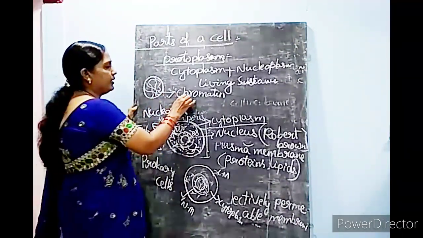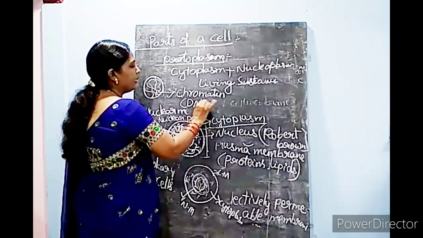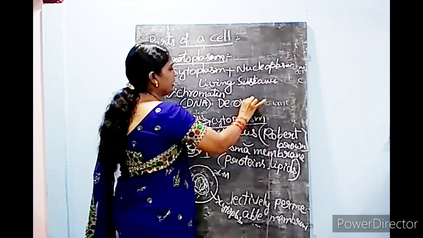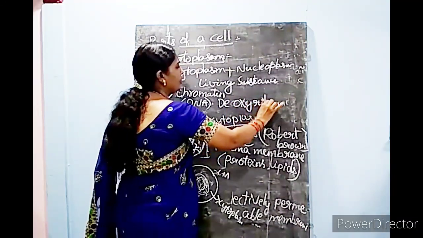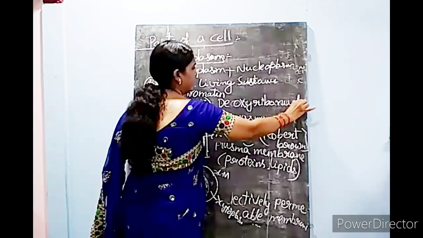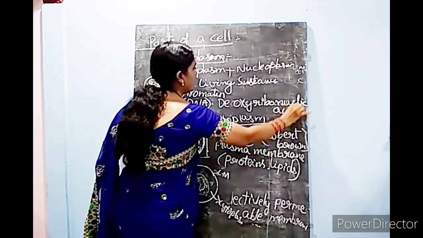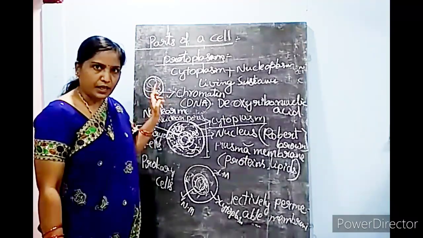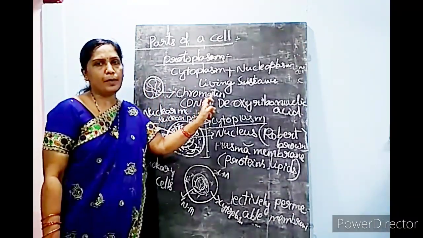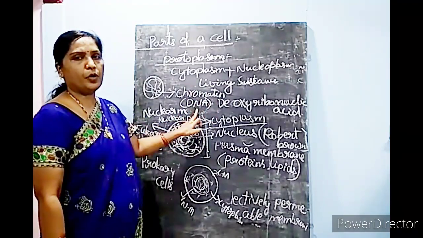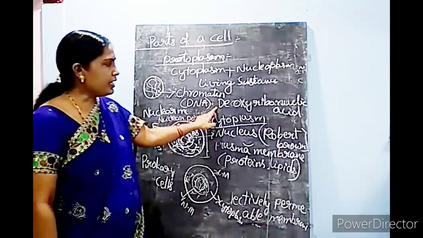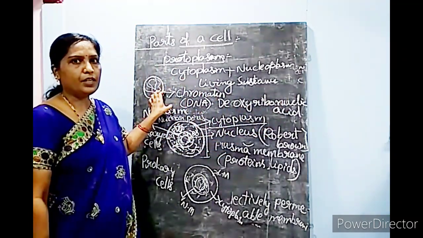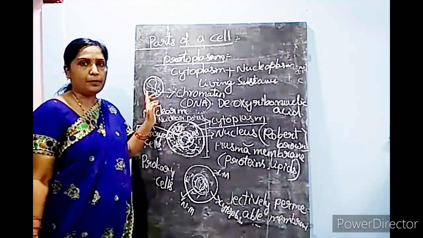This chromatin is made up of DNA. DNA means deoxyribonucleic acid. The thread-like structure inside the nucleus is known as chromatin, and chromatin is made up of DNA.